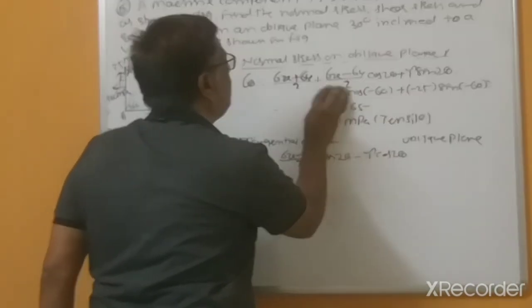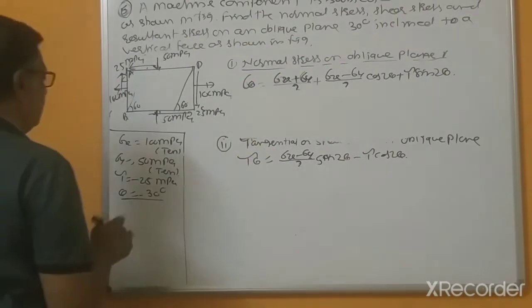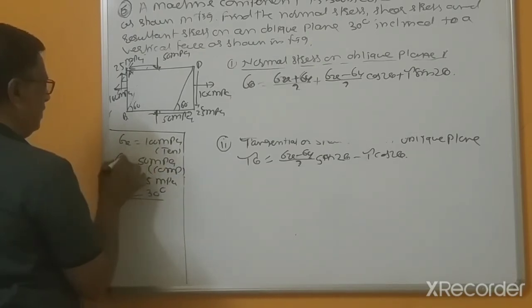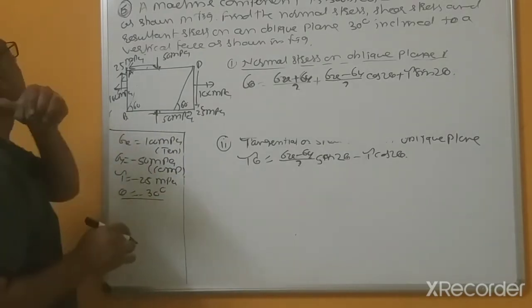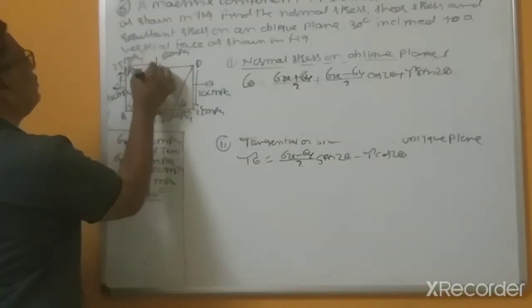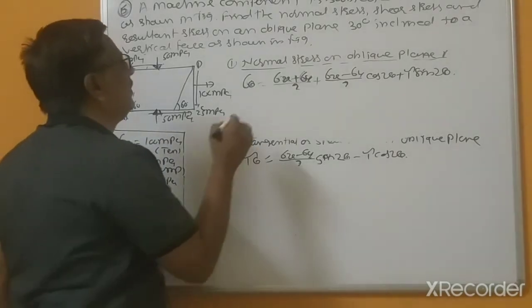So this is the change. This is given, sorry, this is compressive. This nature of the force is compressive. That's why this is minus 50.